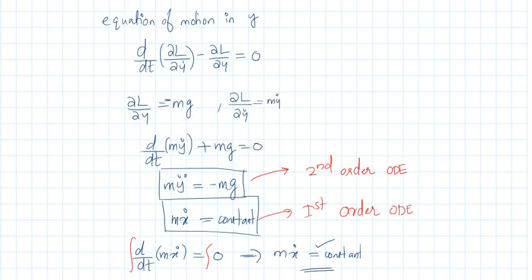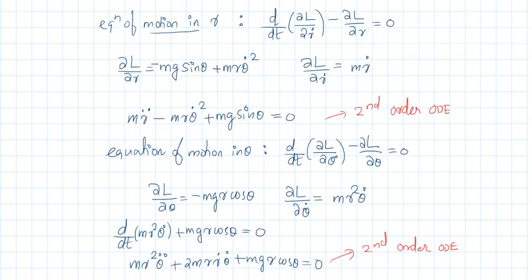Especially when one of the coordinates is cyclic, you already have more simplification. That is, the second order differential equation becomes a first order differential equation. If we use polar coordinates for the same problem, the equations of motion are very complicated. It is very difficult to solve for r as a function of time and theta as a function of time.